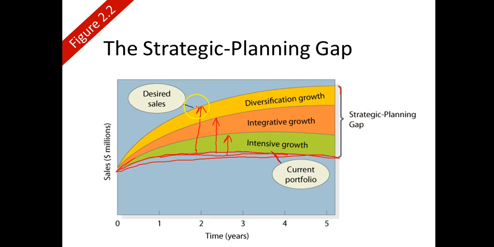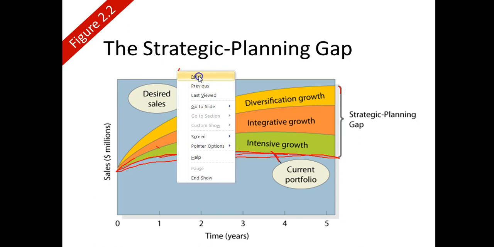So if we set this growth as our desired goal, and now we are at this level, then whatever plan we have to make to reach there defines the gap between our desire and our current status. That's why it is called a strategic planning gap, because this gap only we can fill, and we can reach our desired sales level if we have very effective strategic planning.